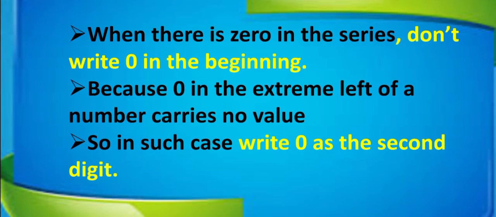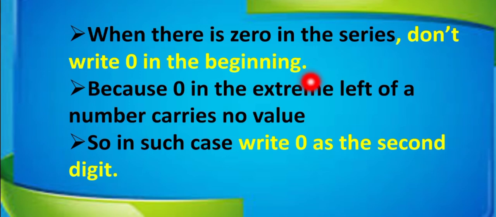When there is 0 in the series, that means in the previous case there was no 0. 4 different digits were given and you formed the greatest and smallest 4-digit number. But suppose 0 is one of the digits, what do we have to do? When there is 0 in the series, don't write 0 in the beginning.